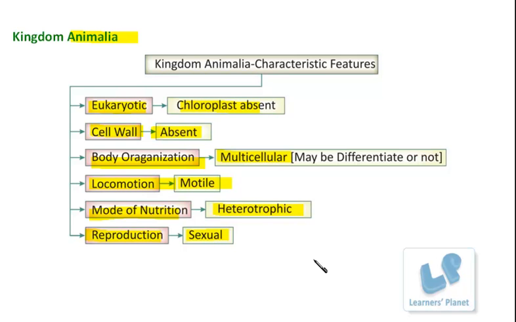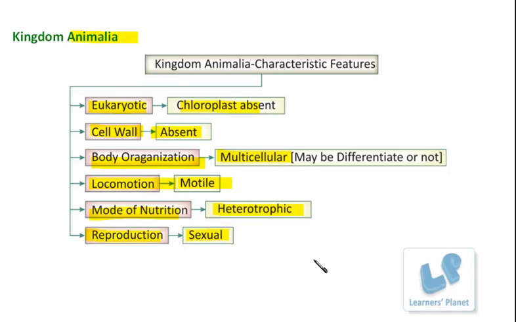Till now I have discussed the basic features of all these five kingdoms, that is the Monera, Protista, Fungi, Plantae and Animalia. Now let me give you one comparison table just to summarize the basic features of all these kingdoms, so that it becomes easy for you to place a particular organism in a particular kingdom.